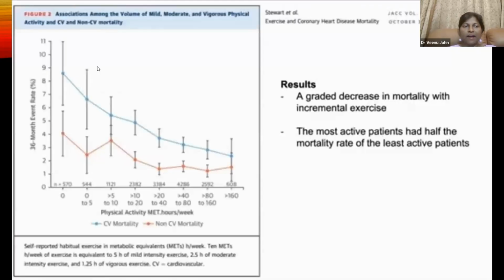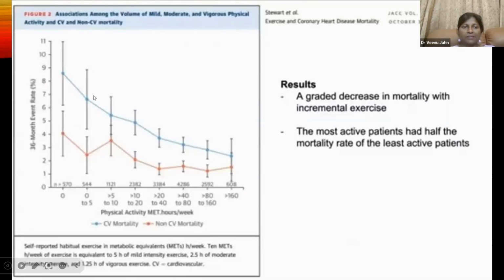So here we can see a graph wherein we can look at the 36-month event rate. That is, mainly we are talking about mortality along the y-axis, and along the x-axis you have the duration of physical activity, that is, both hours per week as well as metabolic equivalent, that is the intensity of activity per week.